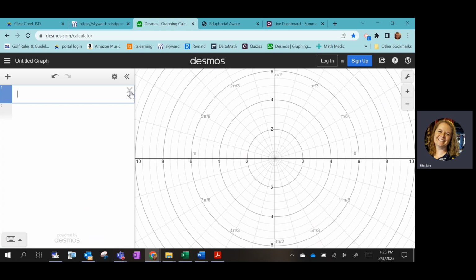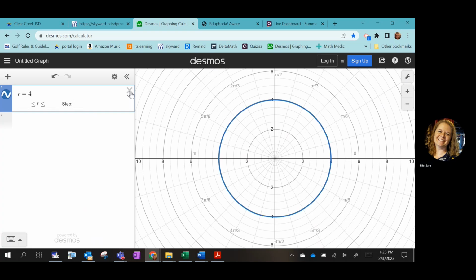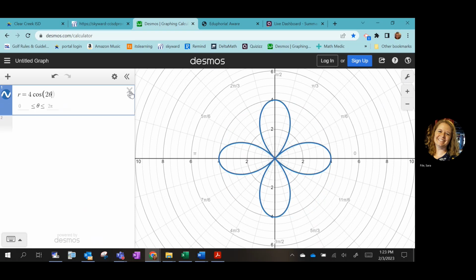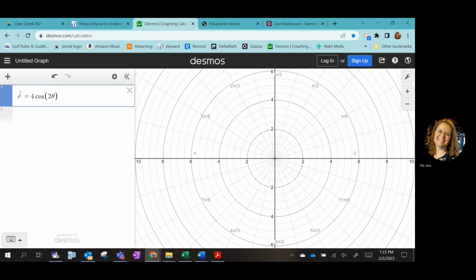Okay, so if I wanted to do a rose, I could type that in and it graphs the rose for me. Okay, if I wanted to change this to a lemniscate, I could make that squared.